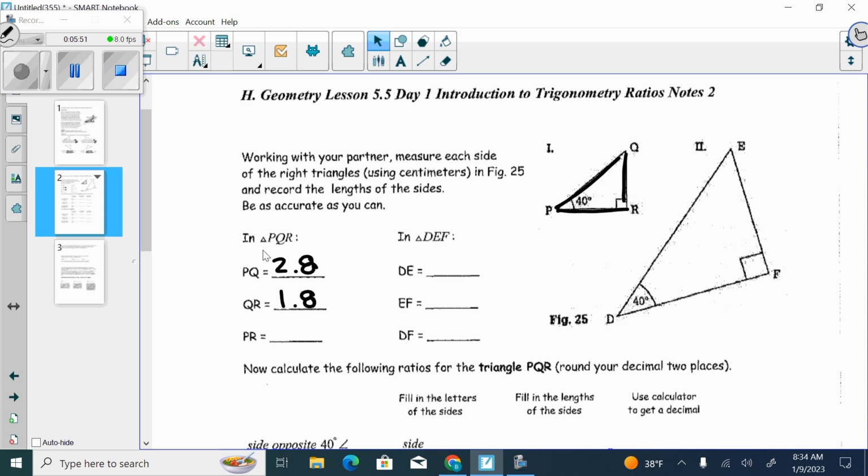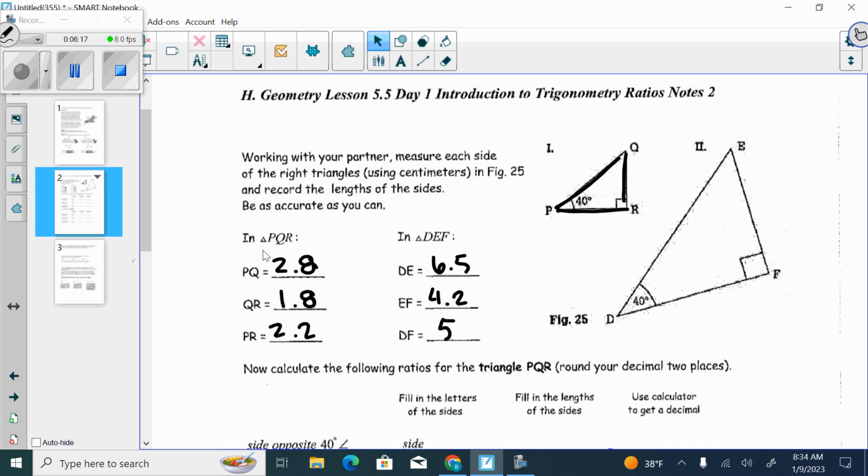What about PR? Good. What about DE? Good. And EF? Good. And DF? 5. Pretty much right at 5. Maybe 5.1 or 4.9, but all of your measurements should be within 0.1 of these.